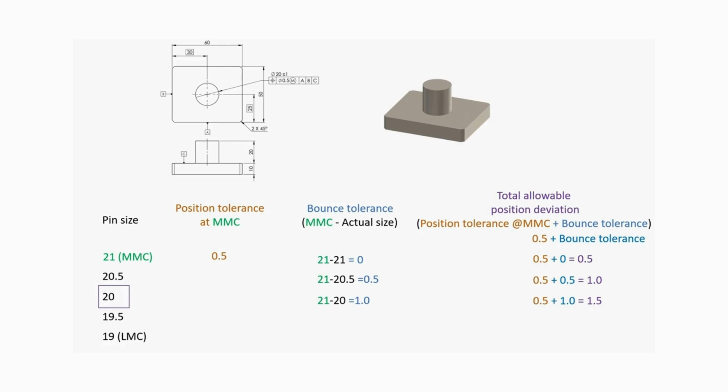Total position deviation equals 0.5 millimeters plus 1 millimeter equals 1.5 millimeters. If the pin is 19.5 millimeters, bonus tolerance will be 1.5 millimeters and total positional deviation will be 2 millimeters. If the pin is at 19 millimeters, the bonus tolerance will be 2 millimeters and the total position deviation will be 2.5 millimeters. I hope this is much clearer to you.